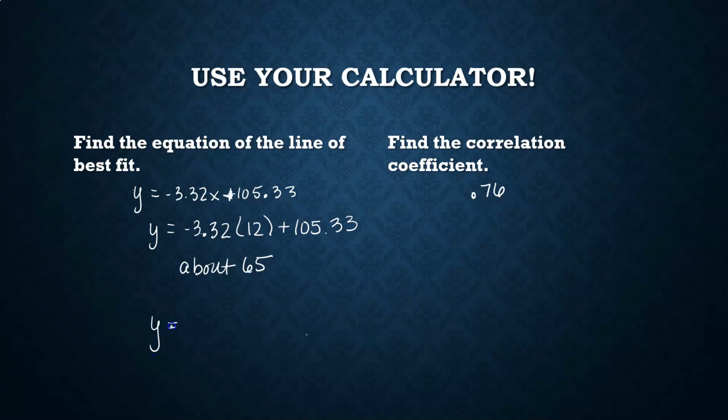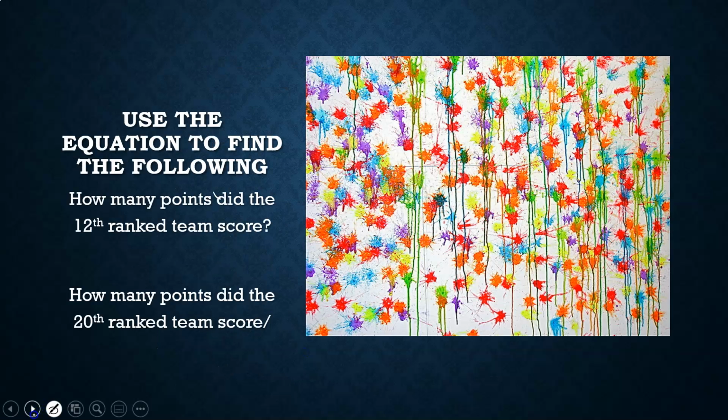And then how many points did the 20th ranked team score? Plug in that 20 for x. They scored about 38 points. Which if you're 20th place, that kind of makes sense, right?